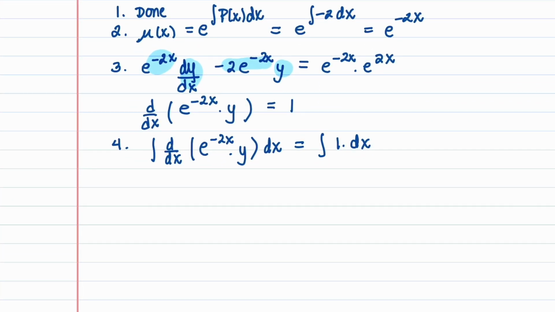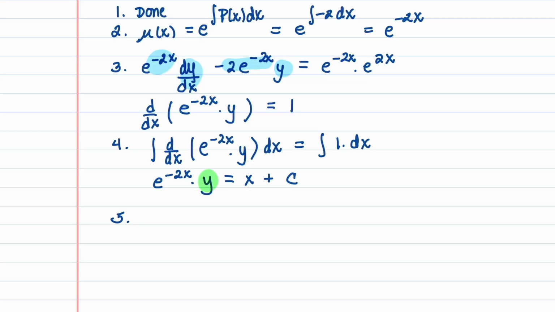On the left-hand side, we're taking the integral of a derivative, so we get back what's inside, and that is e to the minus 2x times y. And then on the right-hand side, the integral of 1 is just x, and here's where we add on our arbitrary constant.